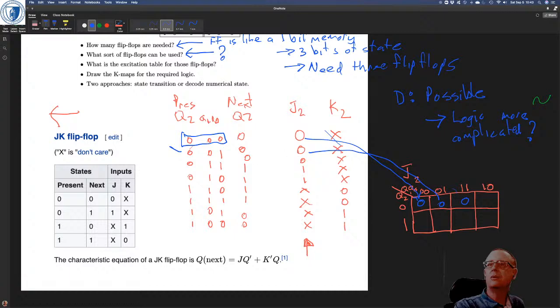Then 0, 1, 0 comes over here, and that entry is a 1.